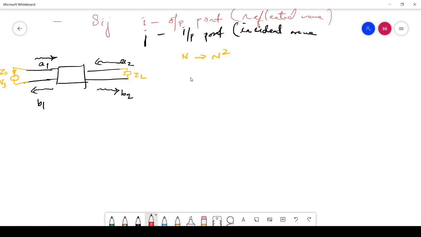For an n port network, I'll have n power 2 parameters. So for a 2 port network, I will have 2 power 2, so 4 parameters. As it is represented in terms of Sij, for a 2 port network I have S11, S12, S21 and S22.